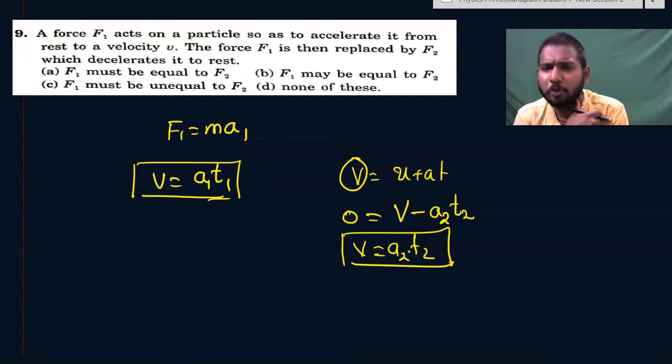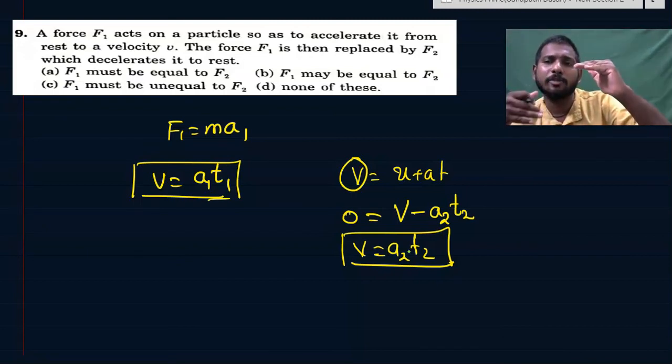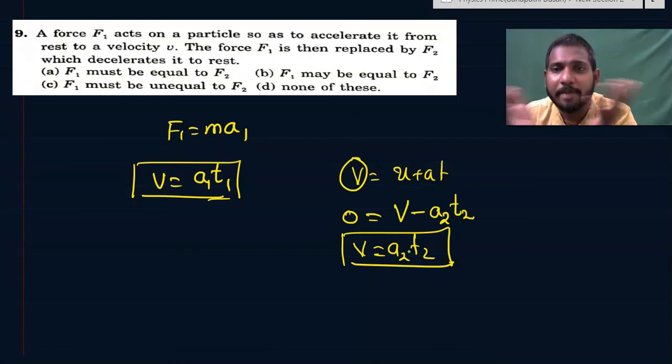You can apply a huge force and accelerate it, and in a very short period of time it goes to velocity v, and then apply a slow opposite force and slowly it comes to rest after a long time. The time frame is not given here. If time is given, we can be more clear about the forces.